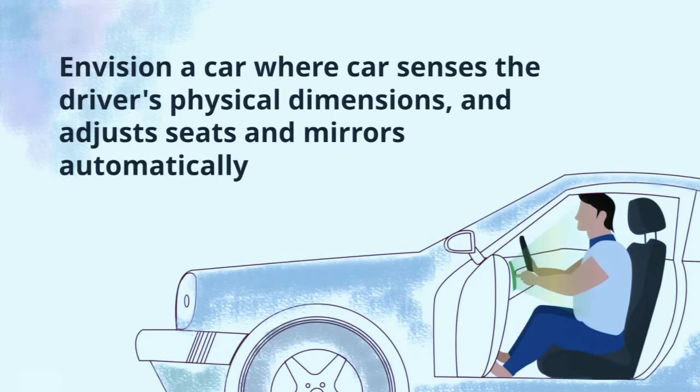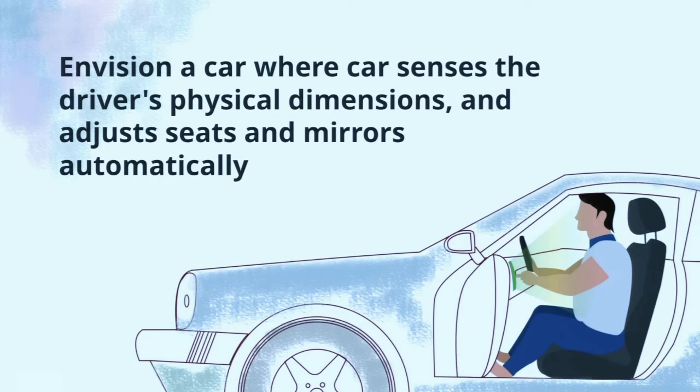And you can imagine stretching this spectrum out, to one where the driver sits in the car and it automatically adjusts the seat and even the mirror to what should be the optimum position for you. Is that possible? It is possible.